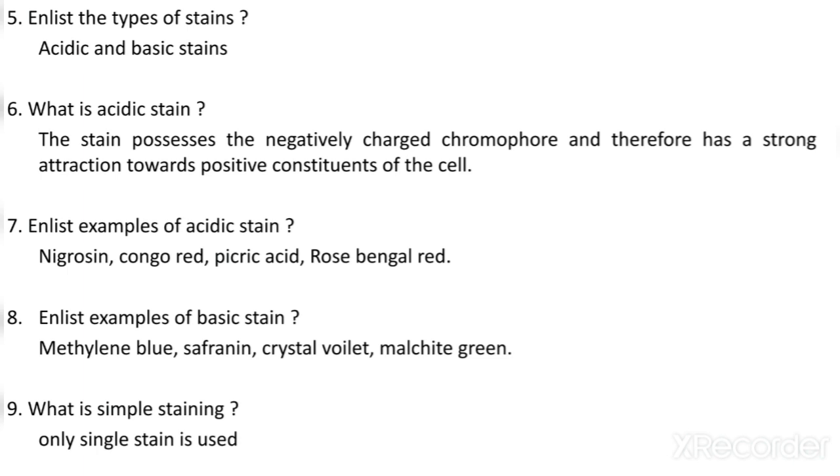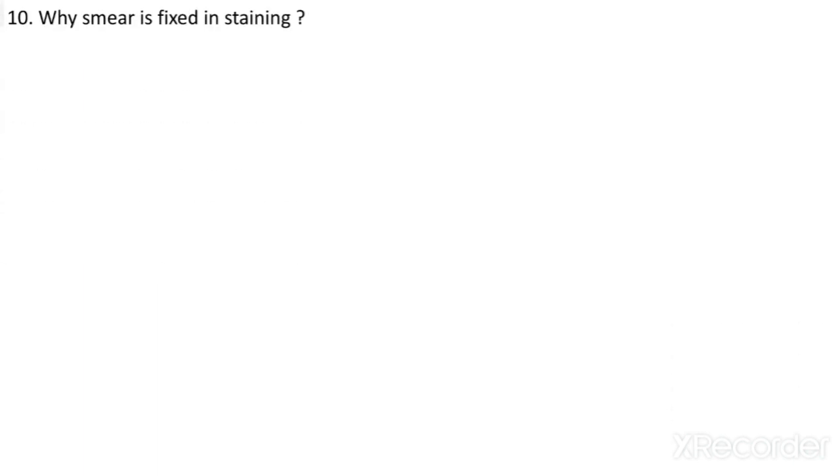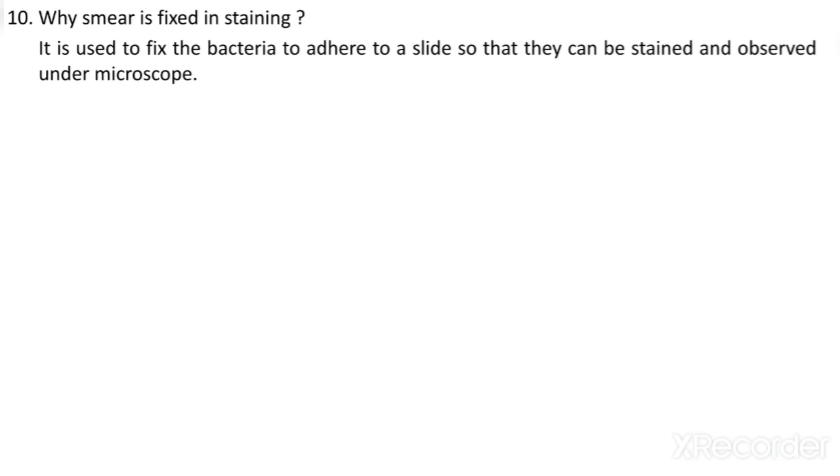Next question, why is the smear fixed in staining? In each and every staining procedure, the smear is fixed with the help of heat. Why is heat fixation required? It is used to fix the bacteria so they adhere to the slide so that they can be stained and observed under the microscope.